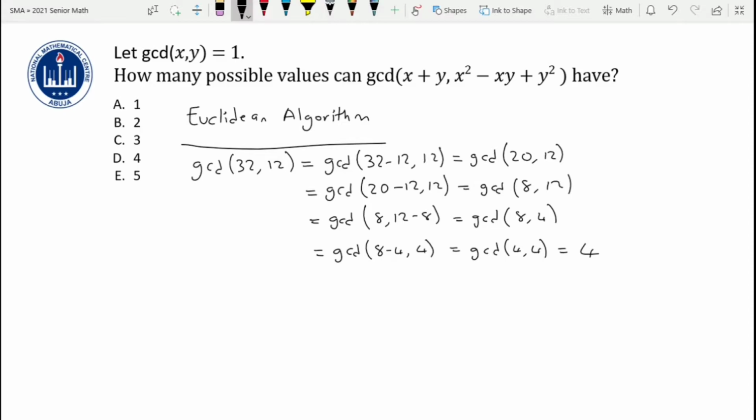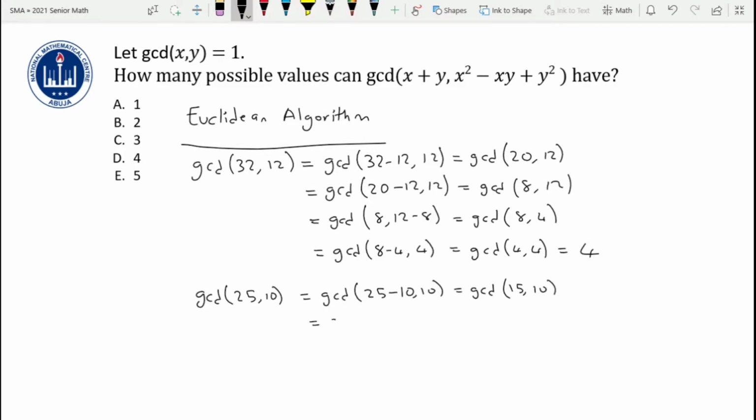So let's say we're taking GCD of 25 and 10. Since 25 is the larger number, this is the GCD of 25 minus 10 and 10, which is GCD of 15 and 10.